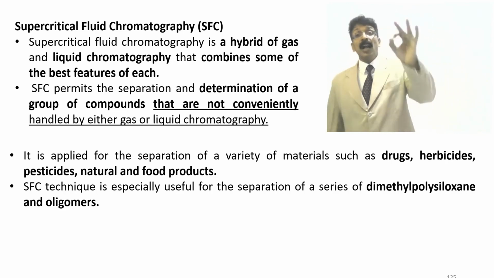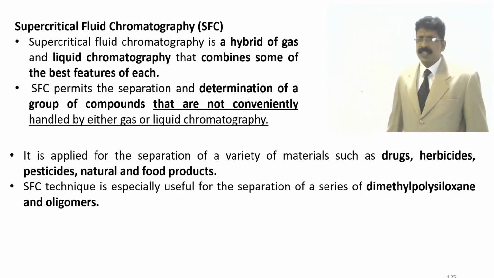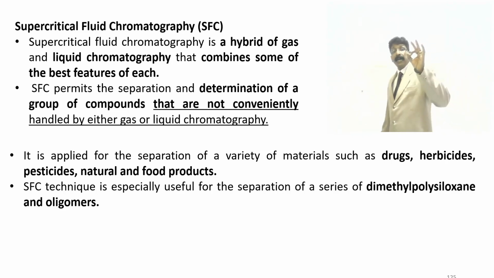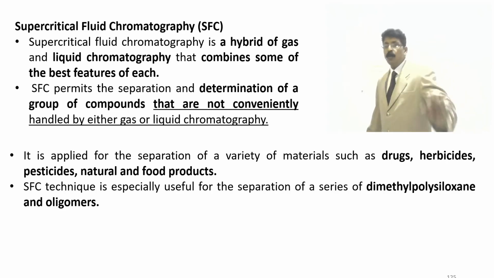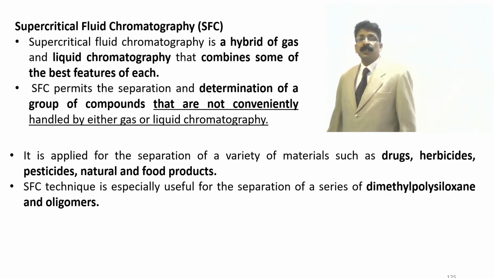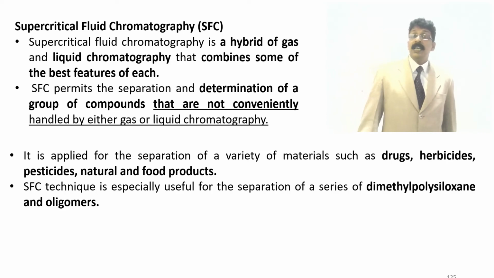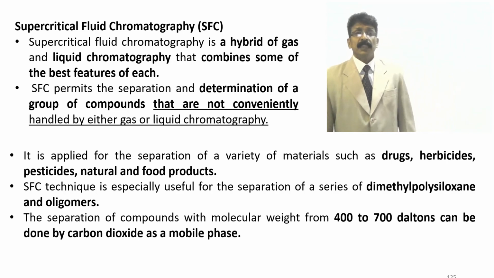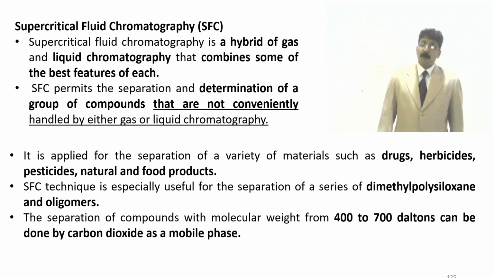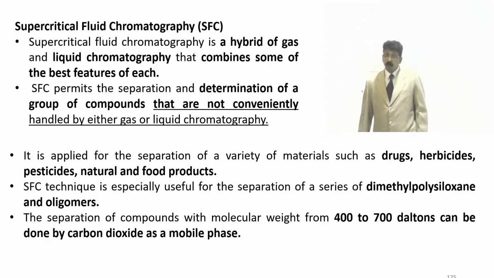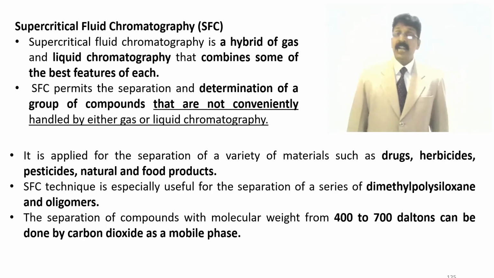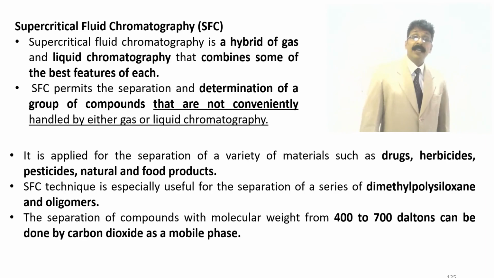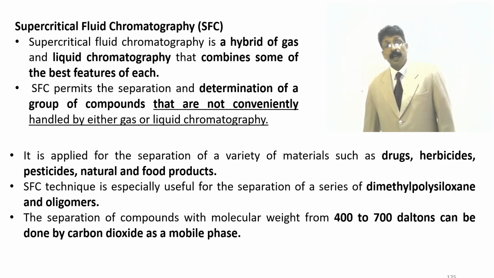They are not feasibly separated in HPLC or gas chromatography, but only in supercritical fluid chromatography do you get very good results for separation of dimethyl polysiloxane oligomers. The separation of compounds with molecular weights from 400 to 700 daltons can be done by carbon dioxide as a mobile phase.